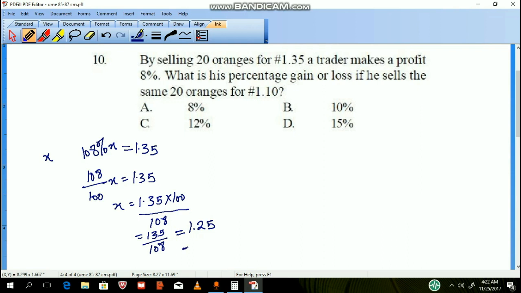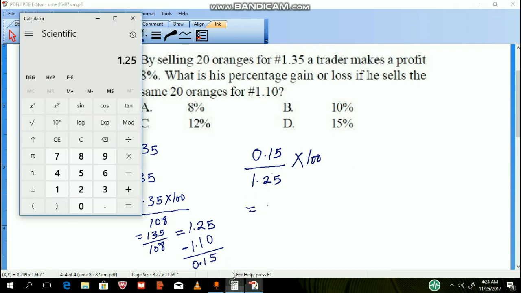So if we subtract 1.10 from this, that means he made a loss of 15 kobo. The loss, 0.15, divided by the cost price 1.25, times 100 should give us our answer.